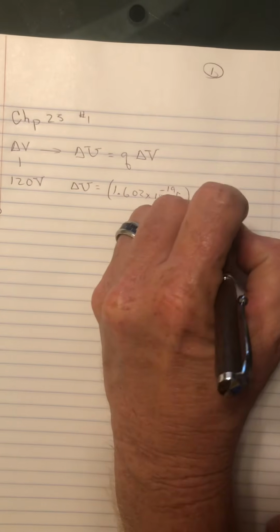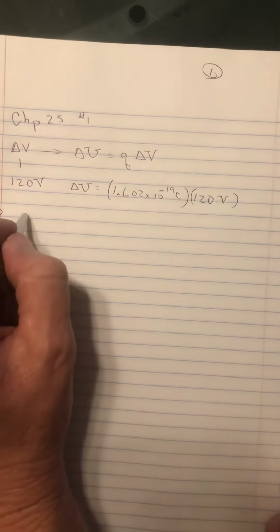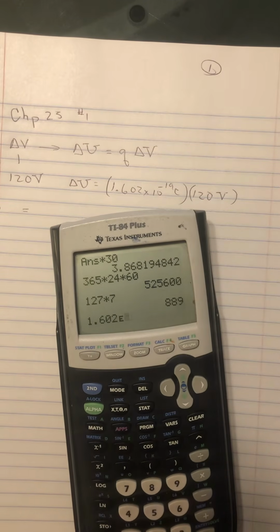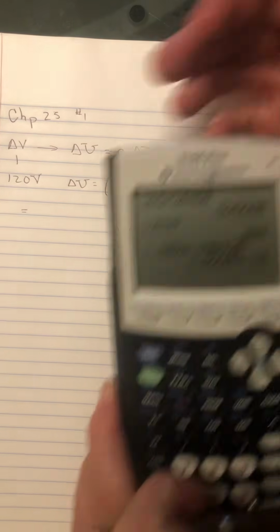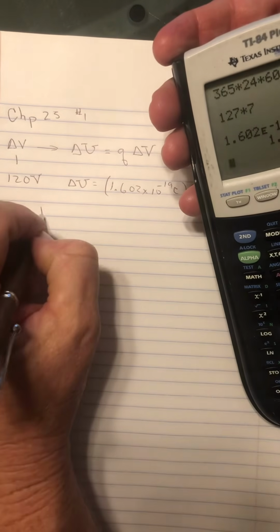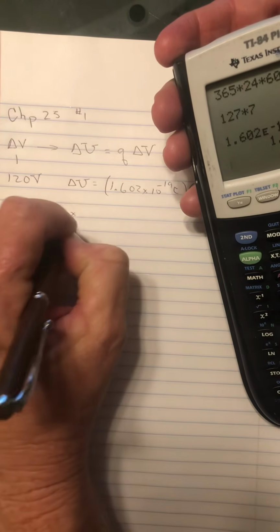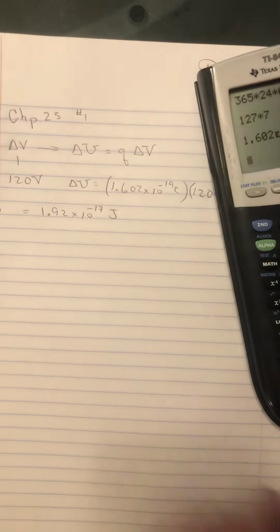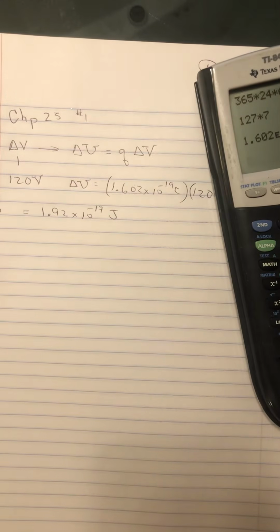And then we know that the potential difference was given at 120, and so if I grab my calculator here, 1.602 times 10 to the negative 19 for the charge times 120 comes out to be 1.92 times 10 to the negative 17 joules. So that's the change in the potential energy.